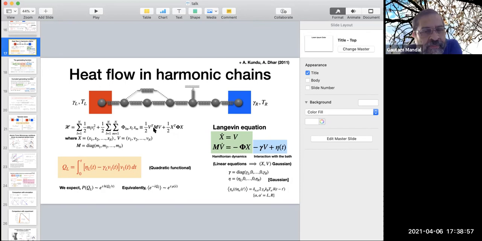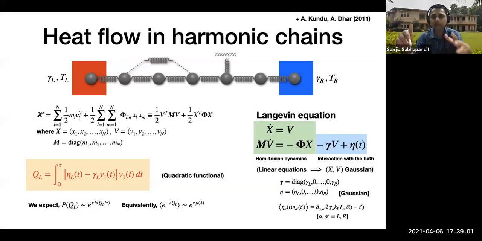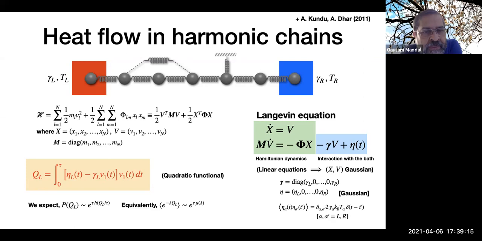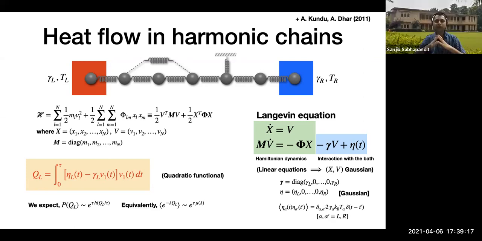But in principle, as you said, I can have a network of harmonic chains, and then one face I can connect to the left and one face to the right. So that's a two-dimensional problem where you can find mu of lambda. Abhishek and a collaborator have looked at this, but the G of lambda calculation becomes extremely complicated in that case. But mu of lambda you can still find.